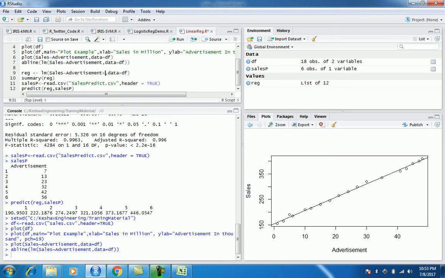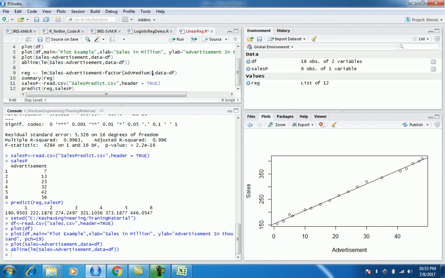Since our data would be factorial, that means categorical, we would say factor, and whatever the attribute name is, that is advertisement medium, we would have done that.